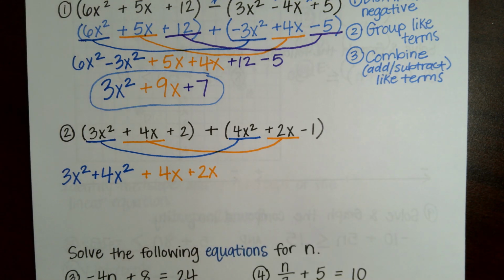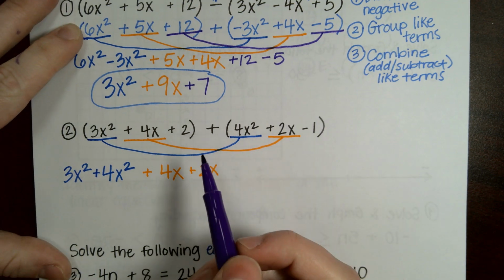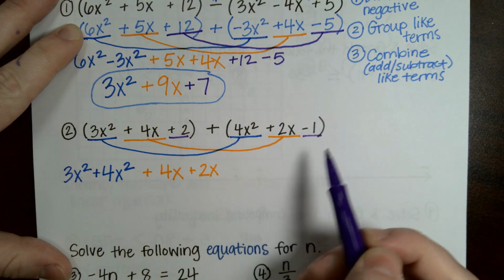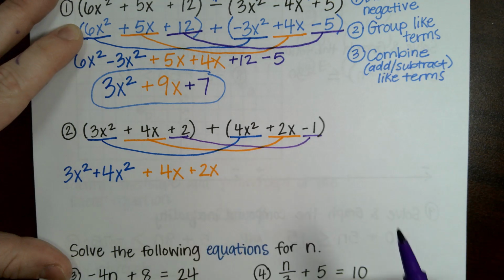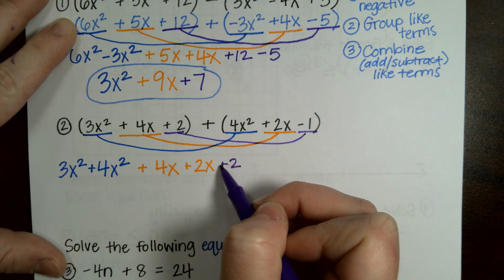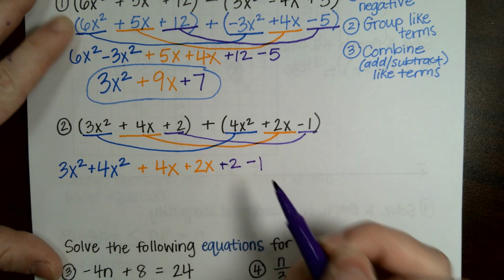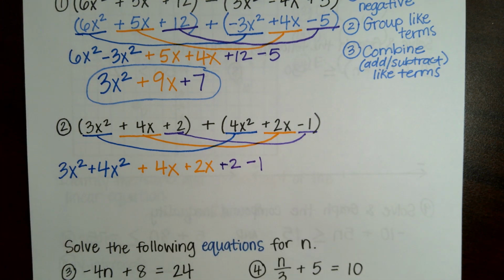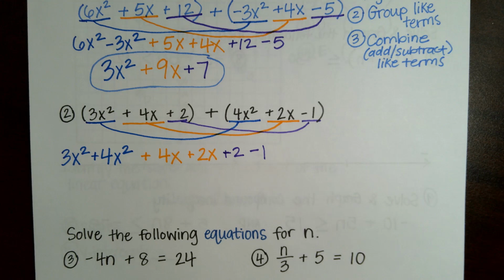All right, and we just have one more set of terms left. What are those? Plus 2 and minus 1. So I'm going to bring those down just the same. Plus 2 and minus 1. Okay, I'll let you guys get that written out.